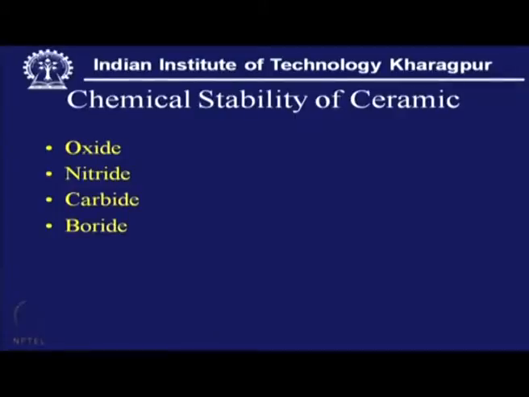And in this scale we can also see that the oxide ceramic is the most stable, followed by the nitride ceramic, then comes carbide ceramic, and last, which is least chemically stable, that is the boride.